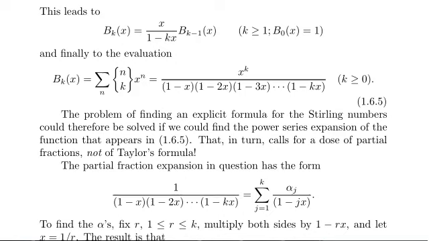The problem of finding an explicit formula for Stirling numbers could therefore be solved if we could find the power series expansion of the function that appears in 1.6.5. That, in turn, calls for a dose of partial fractions, not of Taylor's formula.